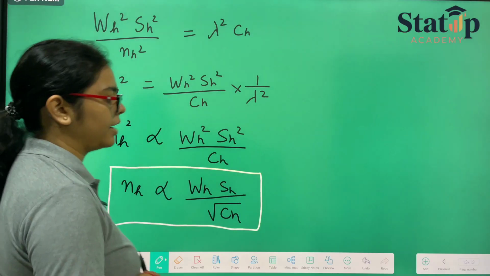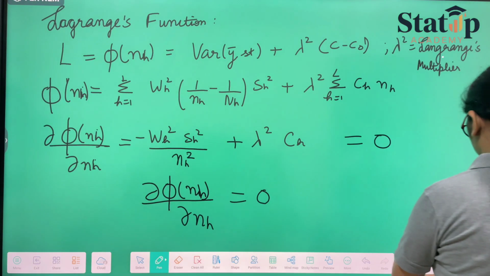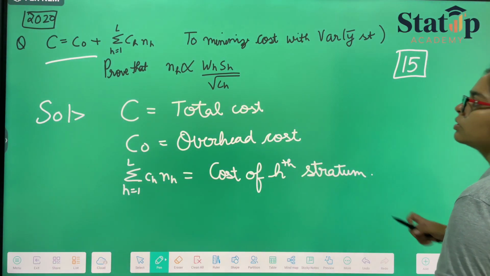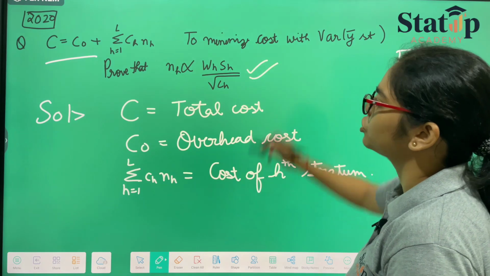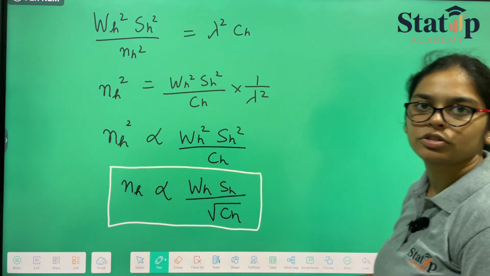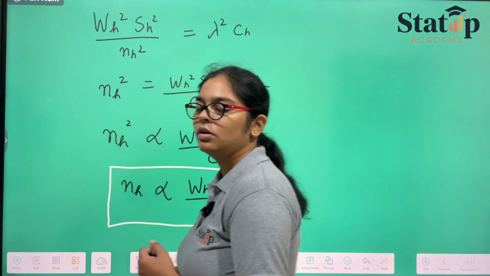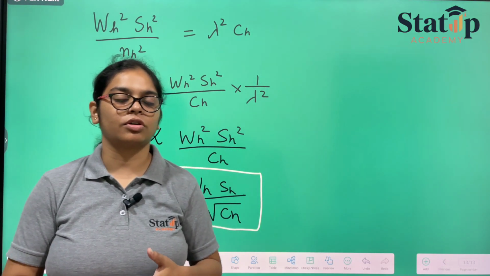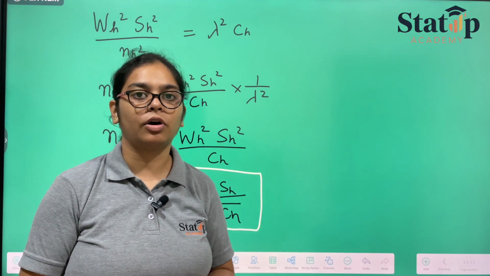So this is what we had to prove in the question. nh is directly proportional to Wh Sh upon under root Ch. This was all for the PYQs of stratified random sampling.